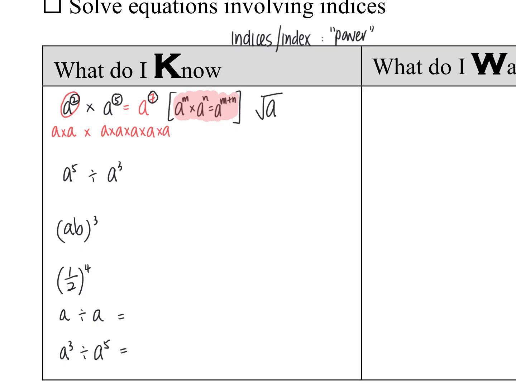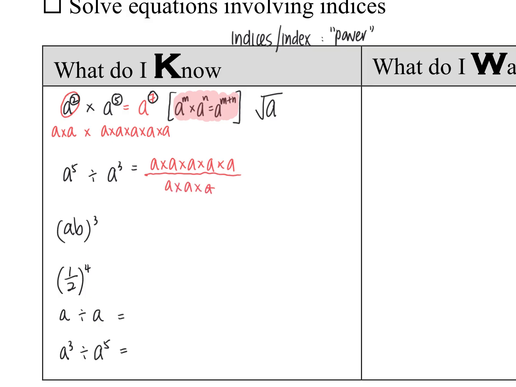Okay, what about division? What do you think the answer will be? Subtract. Okay, but because a to the power of 5 means a multiply itself 5 times, right? Let me use red. A multiply itself 5 times. And we are so used to this rather than division.